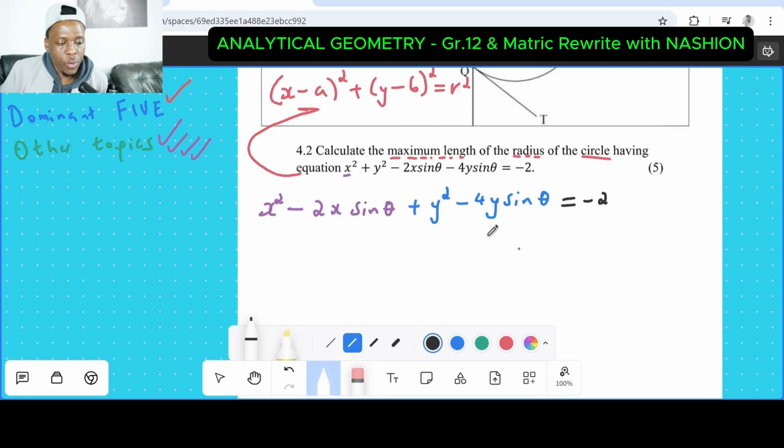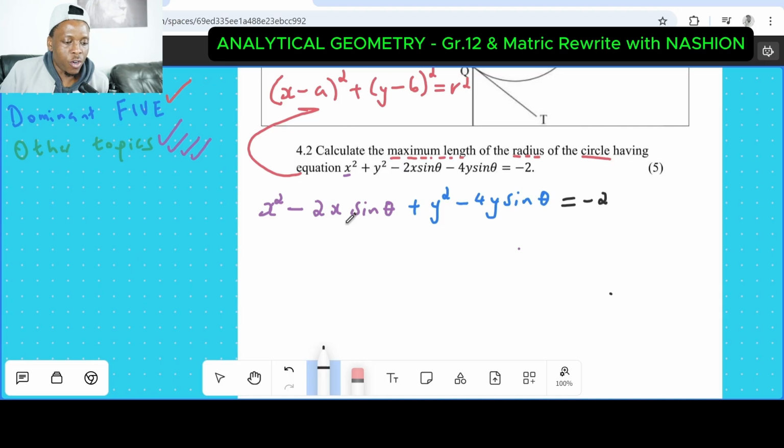Now remember, when we complete the square, we're going to be dividing the coefficient of x by 2 and later divide the coefficient of y by 2. So let's clearly show the coefficient of x and then clearly show the coefficient of y. We have x squared here minus, let's start with 2, then sine theta.